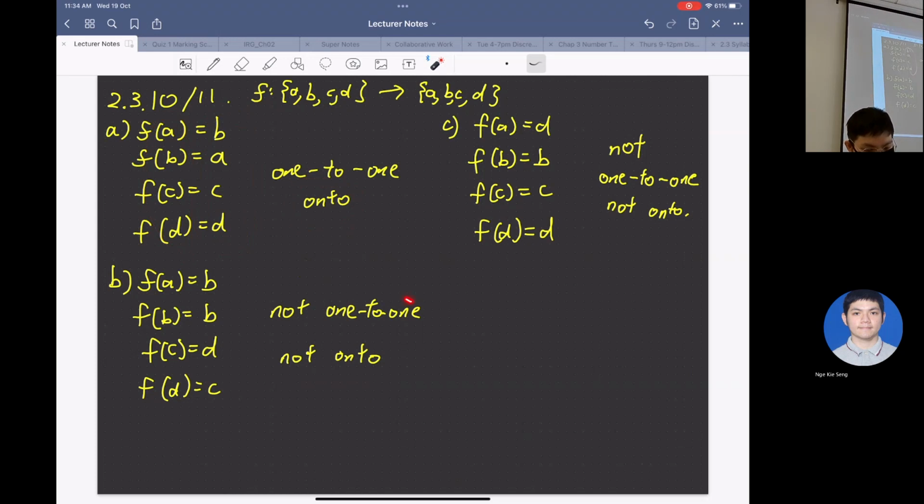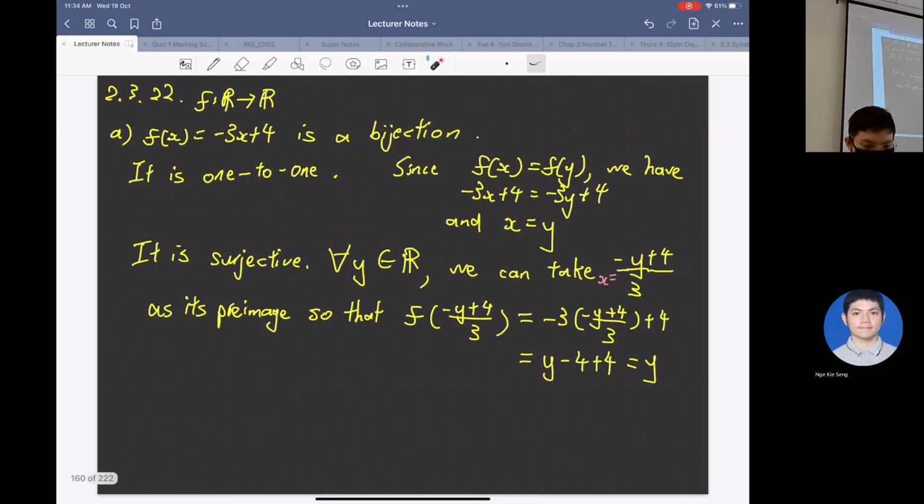And then B, not one-to-one, not onto, because A and B get sent to B, and then nothing is sent to A. C, not one-to-one, also not onto. So for this finite set, you notice that if it is not one-to-one, it's automatically not onto. Yeah, just for the finite case, finite set.